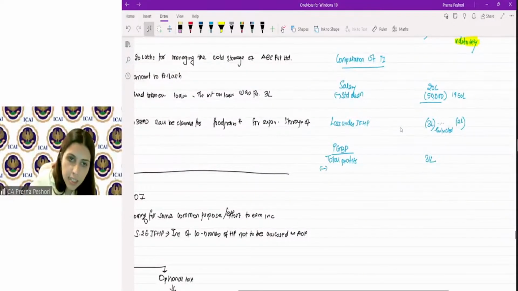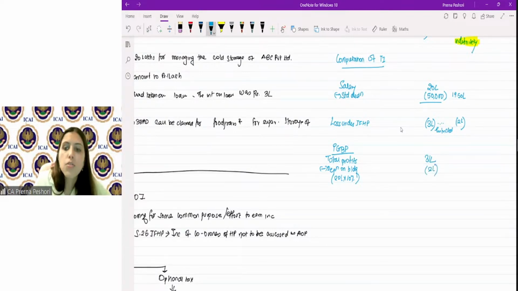So less depreciation on building, 20 lakh into 10%. This is 2 lakh, right? So on 20 lakh, which is there.